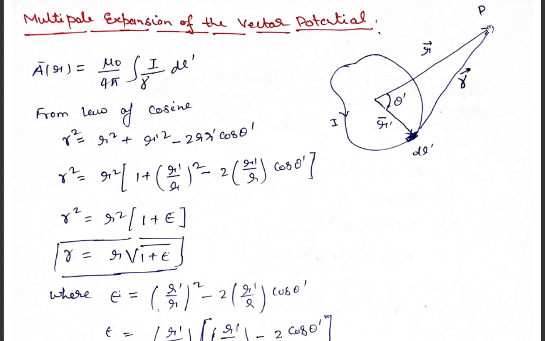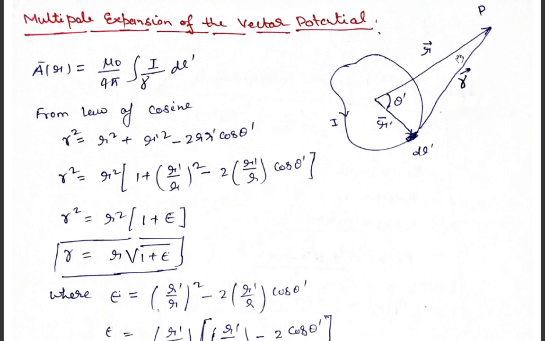We can write the magnetic vector potential at point P. We have learned that A is equal to mu 0 upon 4 pi times the integral of I upon gamma dl prime, where I is the current flowing in this loop and gamma is the distance. In order to find the vector A, we have to find the magnitude of gamma.